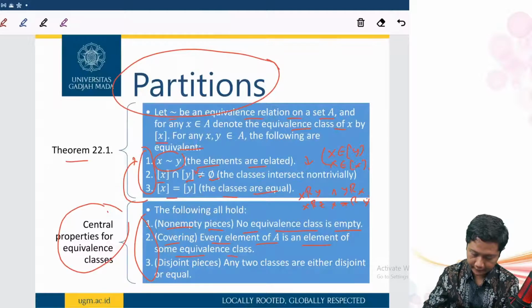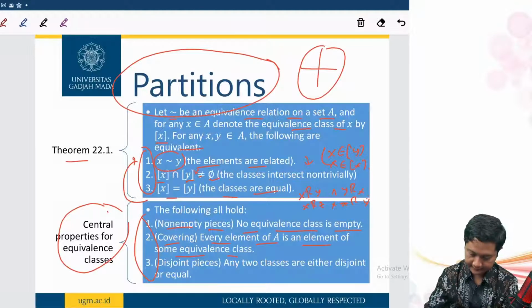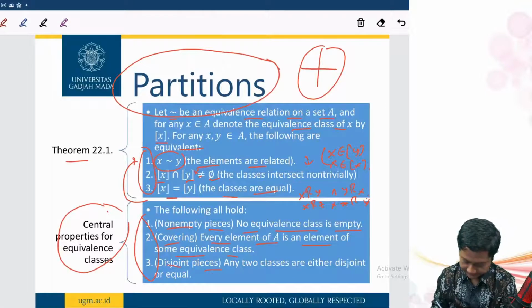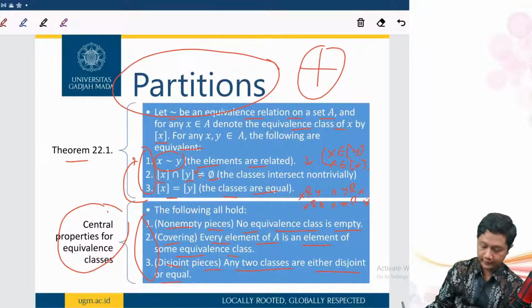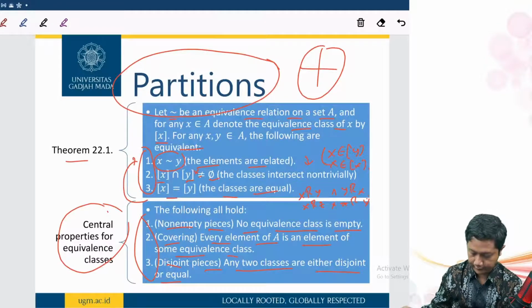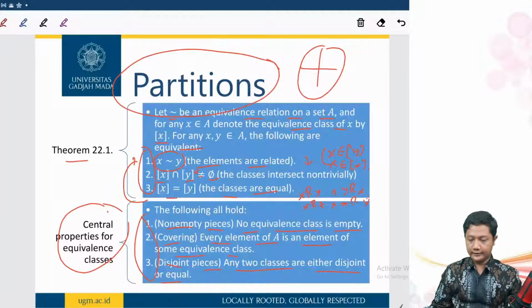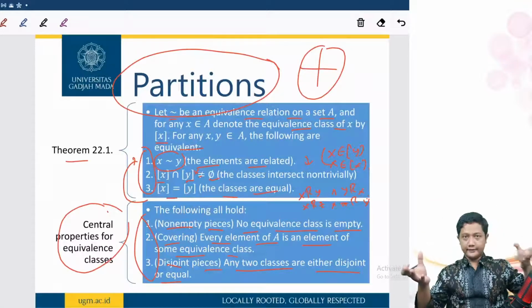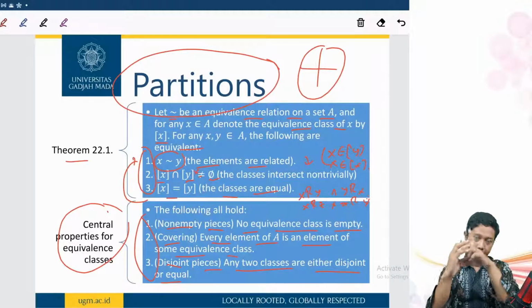So remember when we have some blocks there, each element should belong to one of them. And disjoint pieces, what's the meaning? Any two classes are either disjoint or equal. So they cannot only intersect but not be equal. If they do not intersect, then they are totally disjoint. If they intersect, then they should be equal.